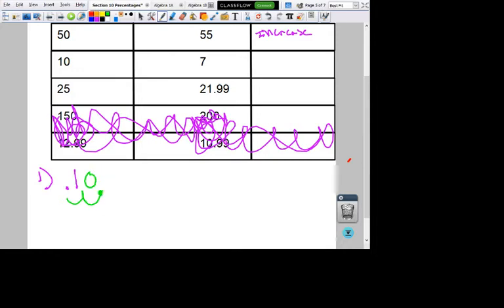So when I move this right twice, I actually get 10.0. And then I add my percent sign after that. Or I can just have regular 10. I don't need that decimal in there. I can just do 10%. So when you jump an empty space, add in a 0.